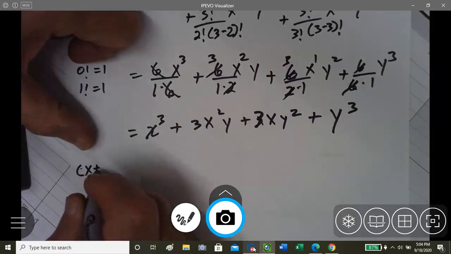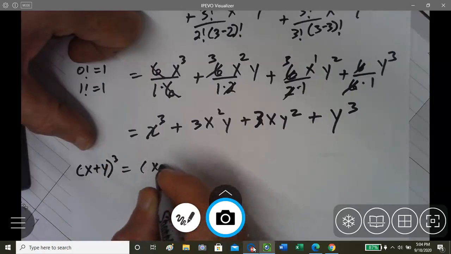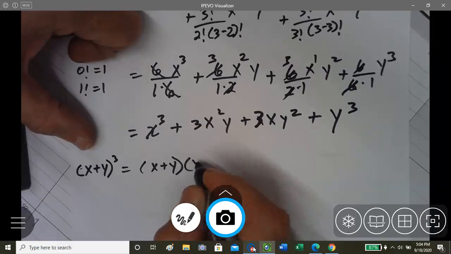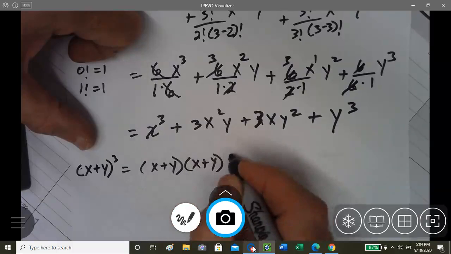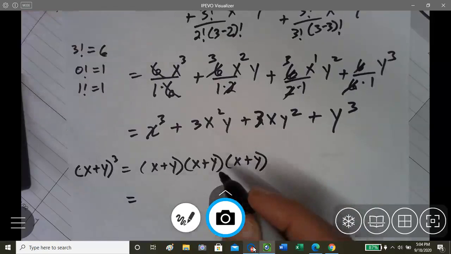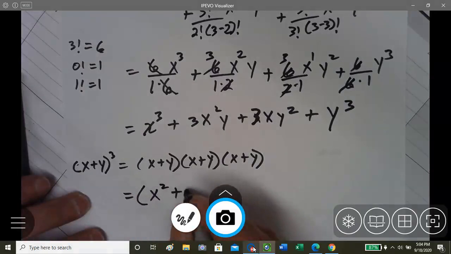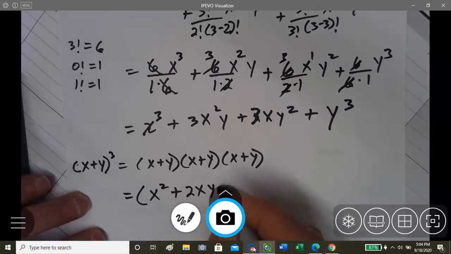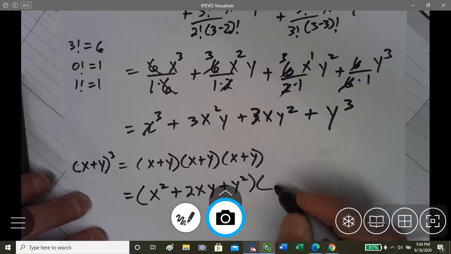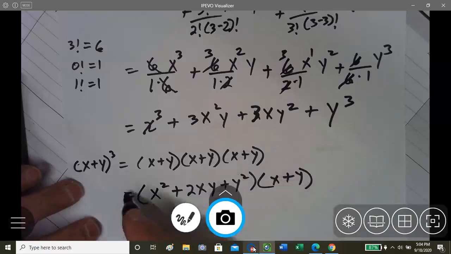So x plus y cubed, we're talking about x plus y times x plus y times x plus y. And so we FOIL this first part. We get x squared plus 2xy plus y squared, times x plus y. And then we distribute the x in each one of these.